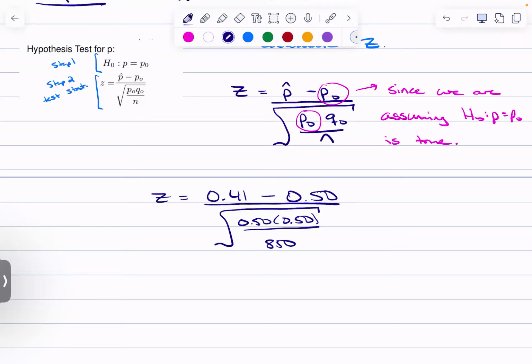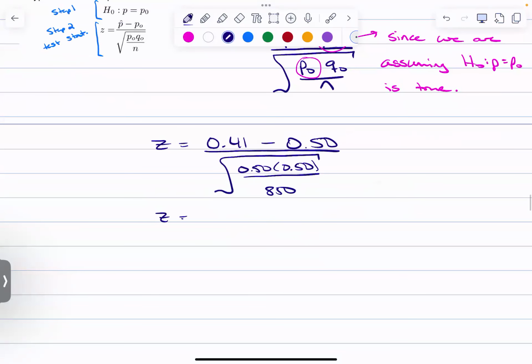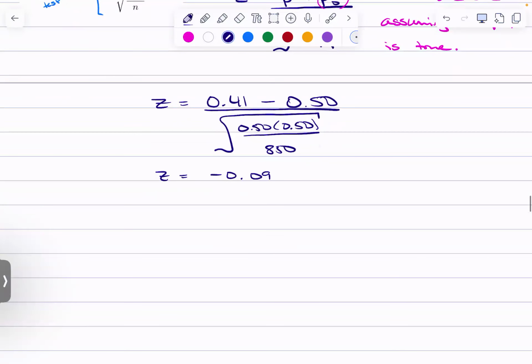Can't do that in my head. 0.41 minus 0.5 is negative 0.09. And then 0.5 times 0.5 divided by 850 is 0.00029117647.